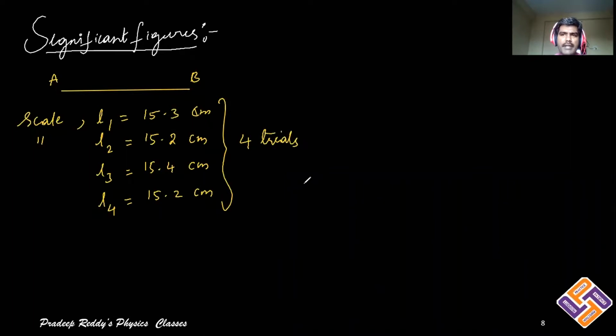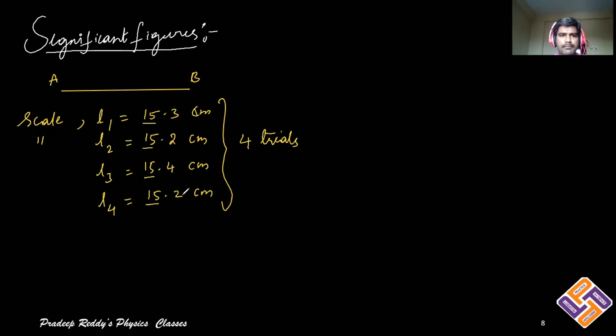Out of these 4 trials, in all of them you are very certain about the first 2 digits of the measured value: 15, 15, 15 and 15.